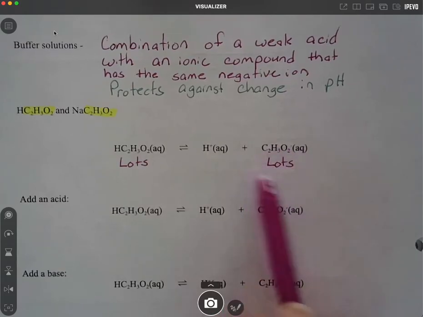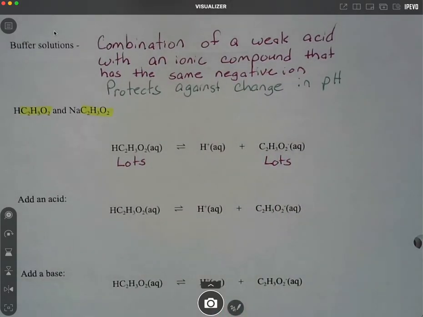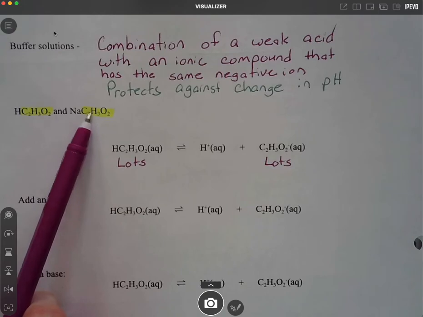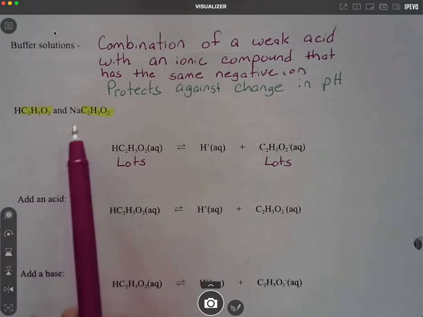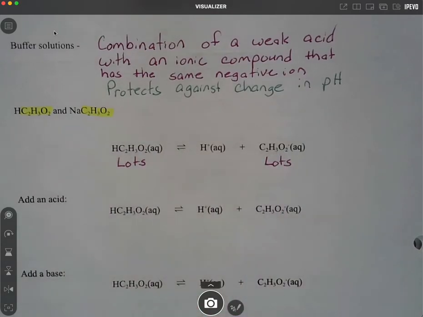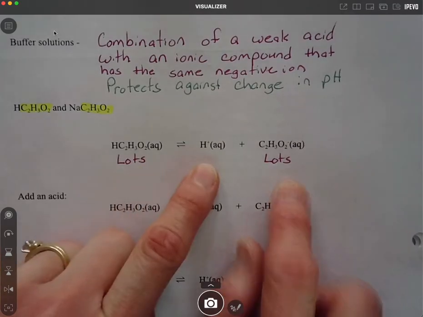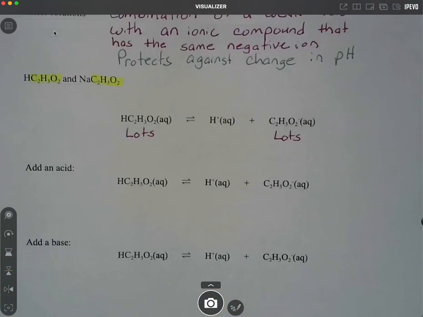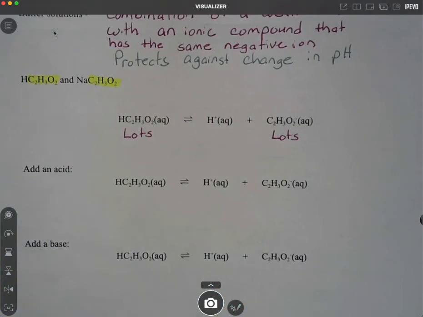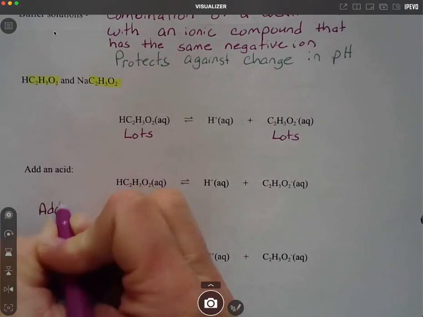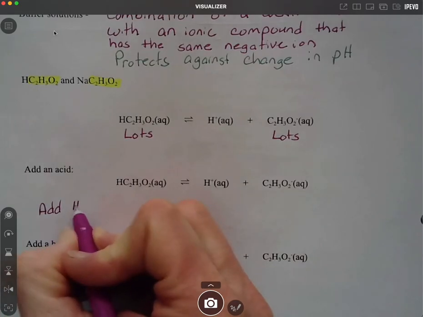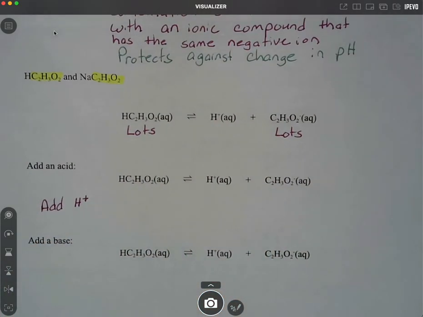So this piece right here would only have a little bit until you added the sodium acetate, and these acetate ions added to the collection of those over there. So now we have a system that has lots of this, and a little bit of hydrogen. When you add an acid to this, that's the equivalent to adding hydrogen ions.